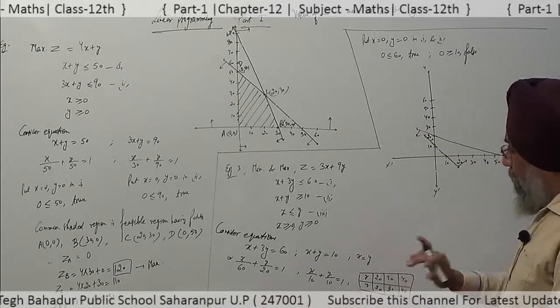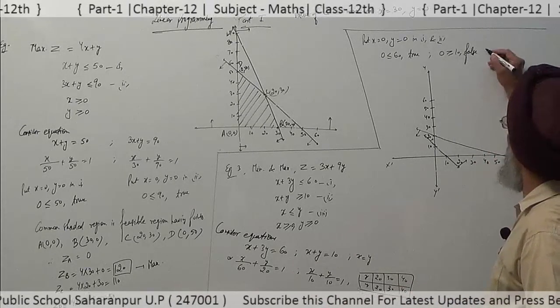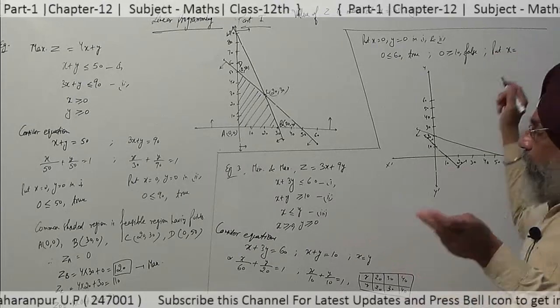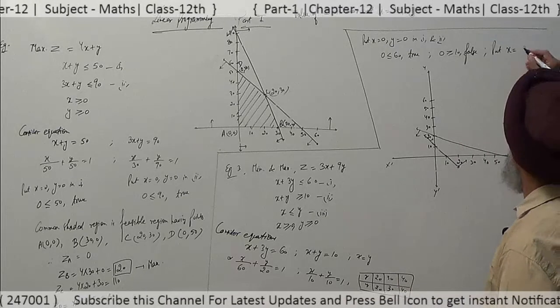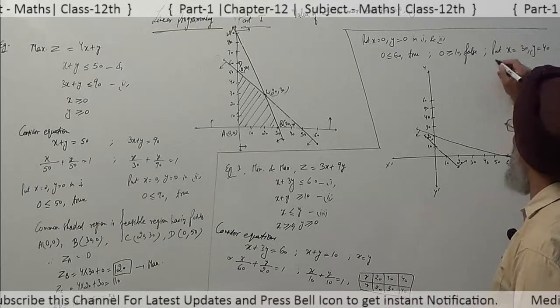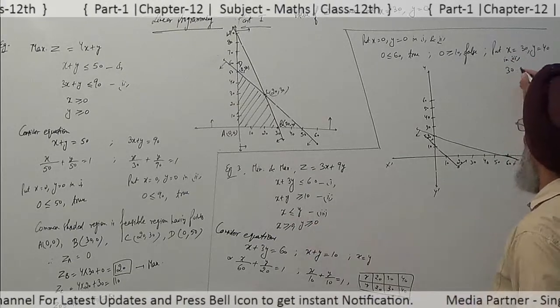Now, for this what do we have to do? We take any value of x and y. Let x be 30 and y be 40 in the third. So what do we see here? It will be 30 less than or equal to 40.